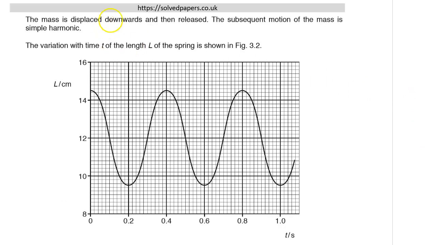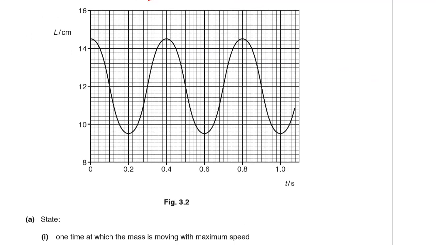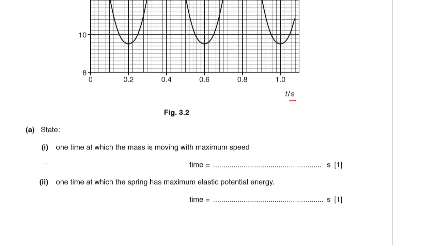The mass is displaced downwards and then released. The subsequent motion of the mass is simple harmonic motion, as indicated by the graph here. The variation with time t of the length L of the spring is given in Fig 3.2, length on the y-axis, time on the x-axis, as you can see there.